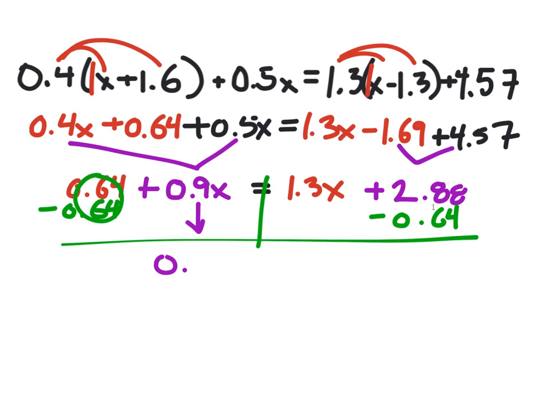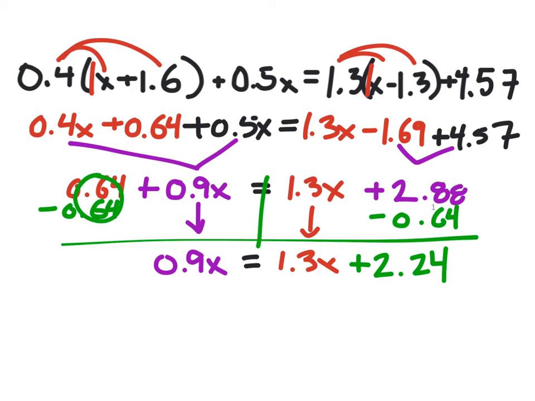I'll drop this 0.9x, which equals, we'll drop the 1.3x, we'll get to it. And then subtracting that should be a positive 2.24. That one set up pretty nice. I didn't have to borrow or carry anything, so I just used kind of long subtraction on that one.